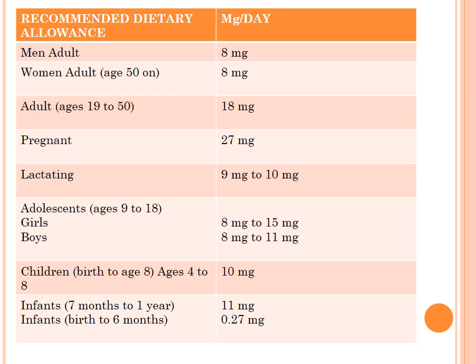For adolescents in the age group of 9 to 18, for girls it is 8 mg to 15 mg, and for boys it is 8 mg to 11 mg. For children aged 4 to 8 years it is 10 mg. For infants 7 months to 1 year it is 11 mg per day. And for infants from birth to 6 months, kindly note it, it is 0.27 mg per day.